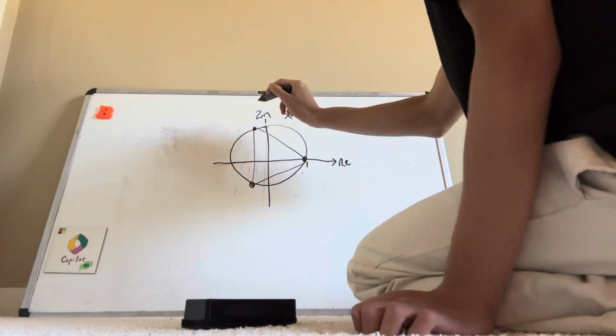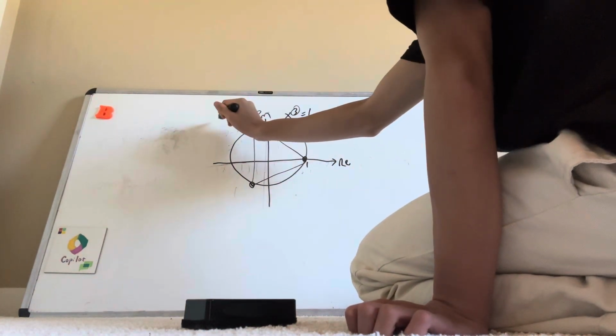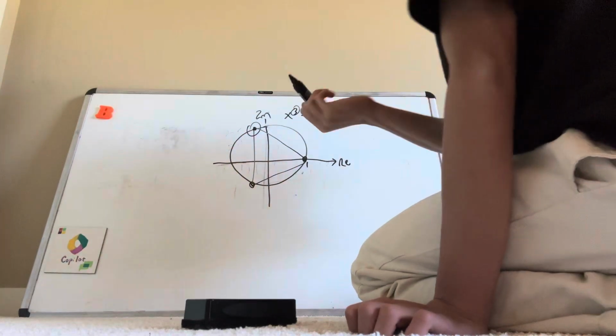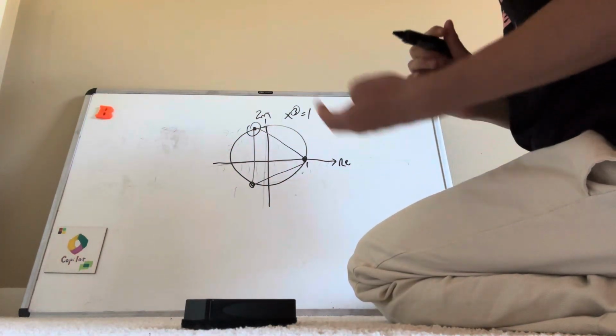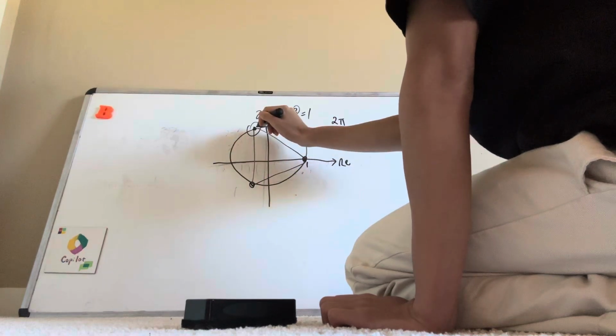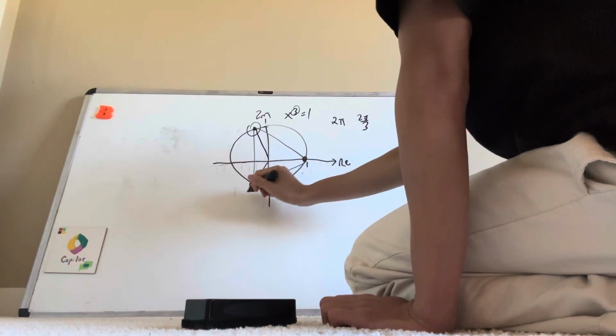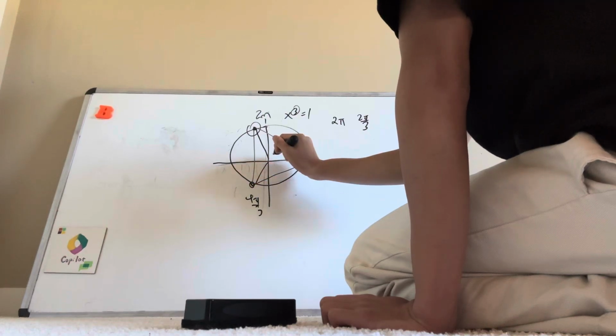For example, since the entire circle is 2 pi radians, this point would be at 2 pi over 3, and this one would be at 4 pi over 3, the angle here.